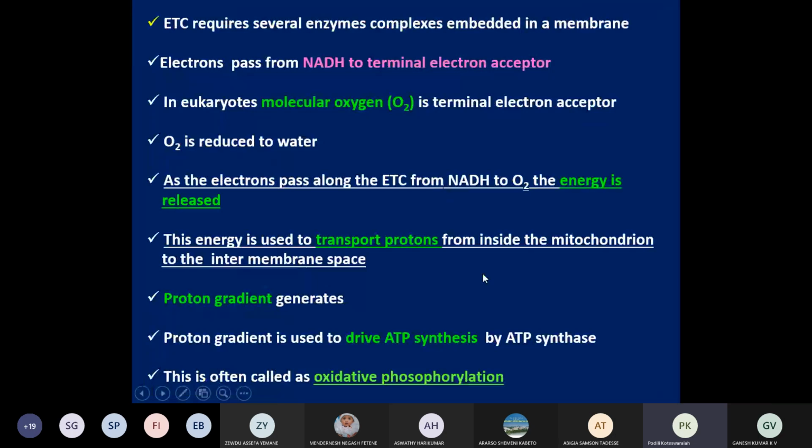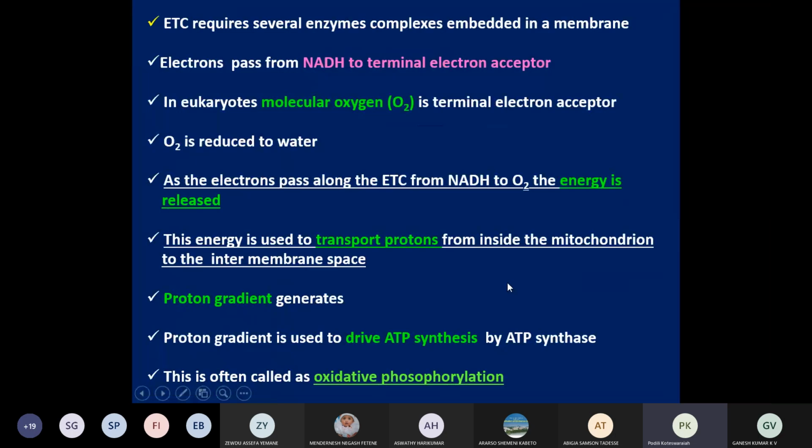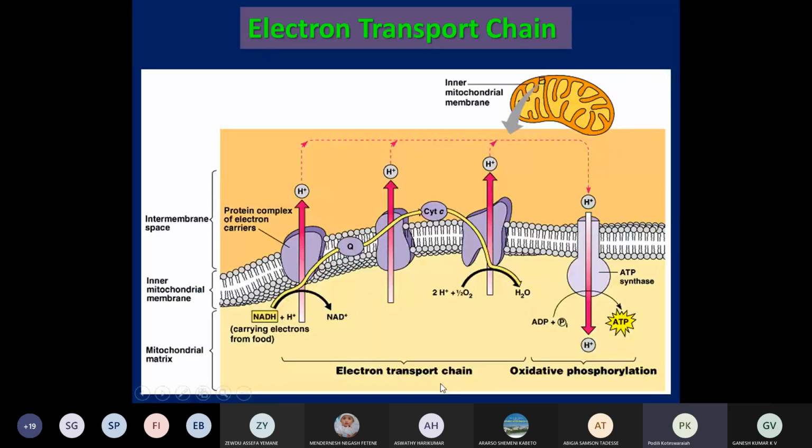As a result, the proton gradient is generated, and this proton gradient is essential for driving the ATP synthase, which converts ADP into ATP. This formation of ATP by ATP synthase using the proton gradient is also known as oxidative phosphorylation.